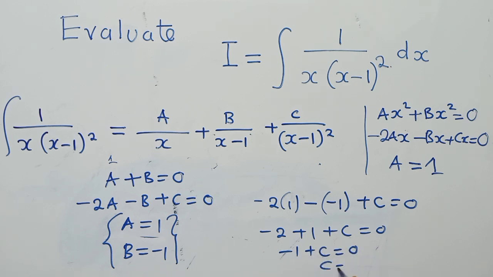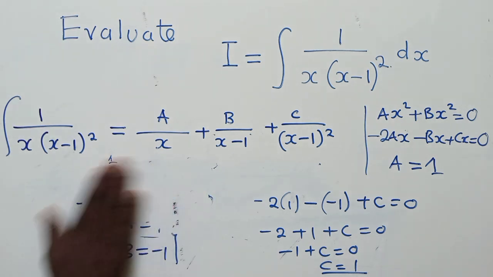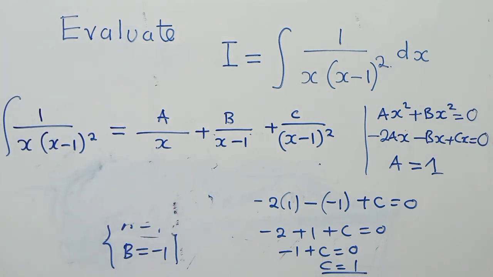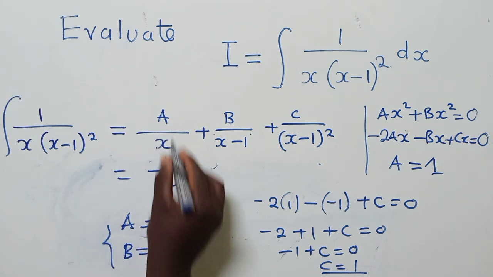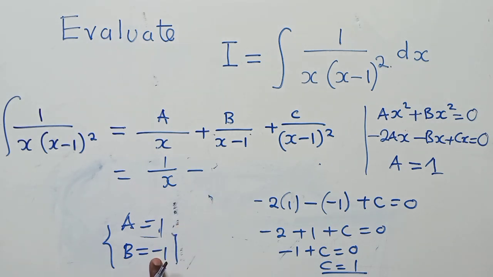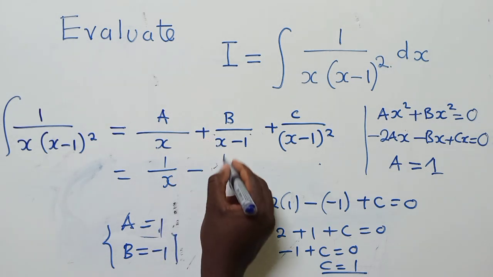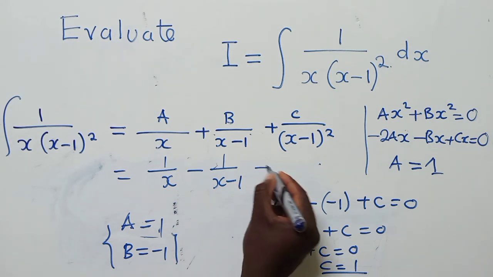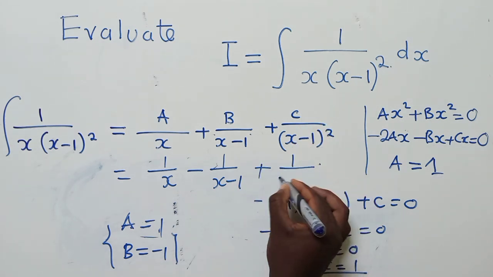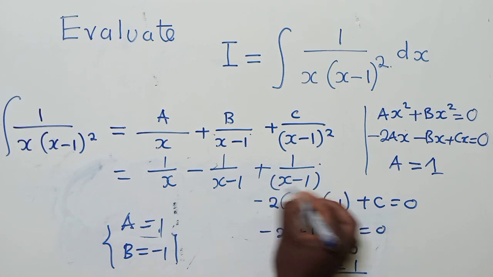We solve further, and we get negative 1 plus C equals 0, meaning our C will be equal to 1, as it crosses the equal sign. So we now have all the solutions. A is 1, so we put 1 over x. B is negative 1, so it will be minus 1 over x minus 1. Our C is 1, so we put a 1 over (x minus 1) squared.